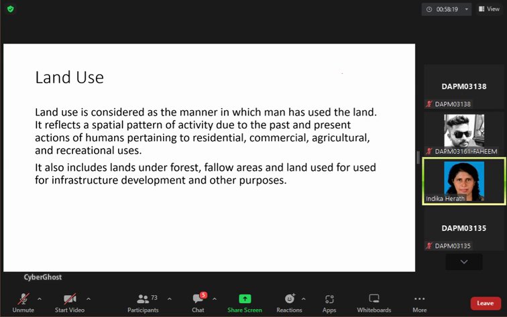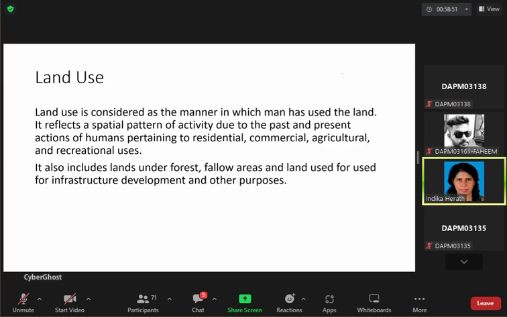Perennial means if a crop lives more than 1 or 2 years, if there is some crop that lives for many years, we call it a perennial crop land use, right? That means it is under the cultivation of perennial crops. If perennial crops have been cultivated, we categorize that land use as perennial crop land.